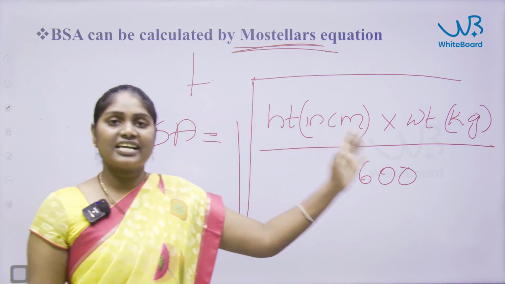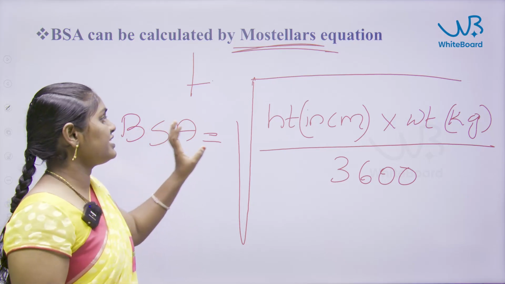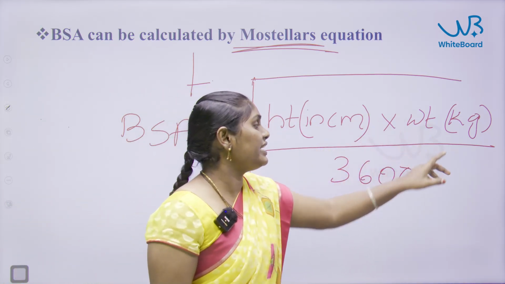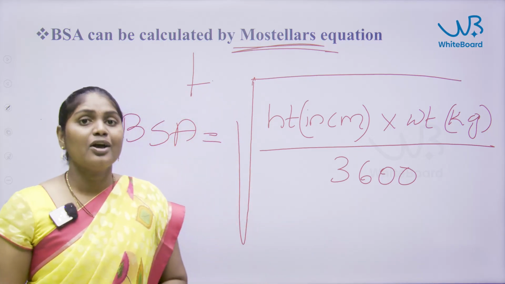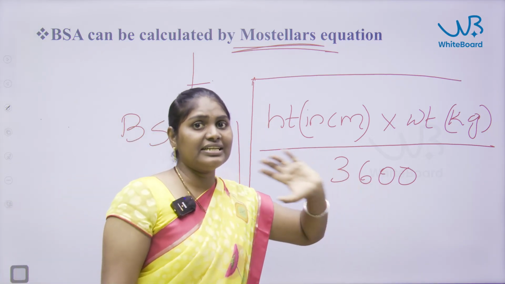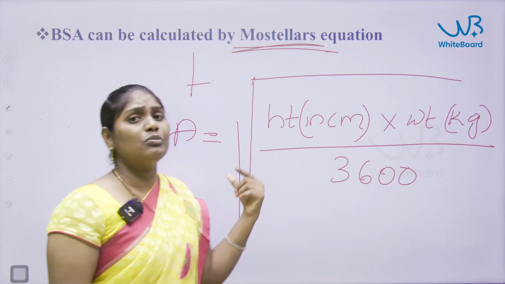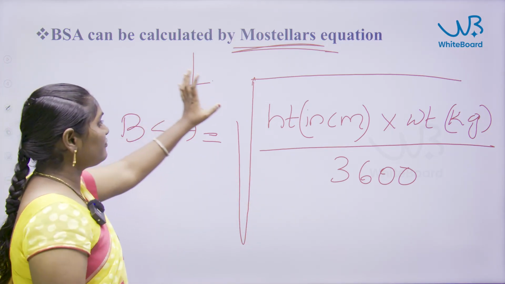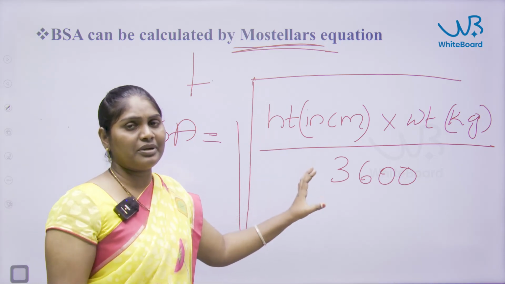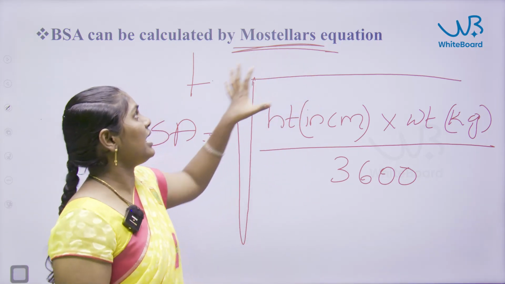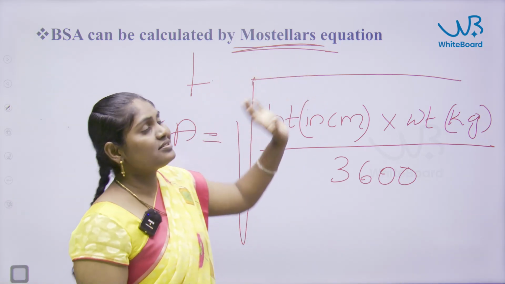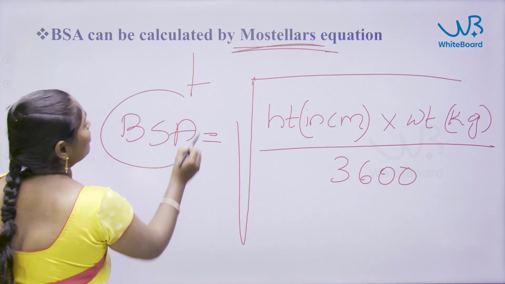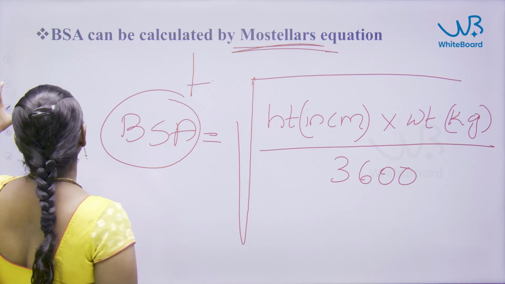Coming to Mosteller's equation, body surface area is equal to the square root of height in centimeters into weight in kgs divided by 3600. This is the important equation used to calculate the body surface area. But usually questions are not given from this formula. They will only ask the name of it: Mosteller's equation is used for what? Especially it is used for calculating body surface area.